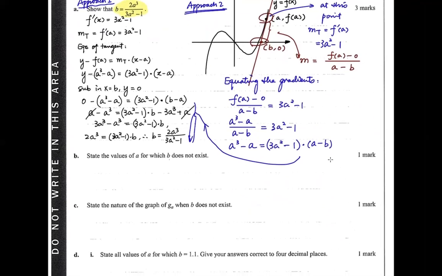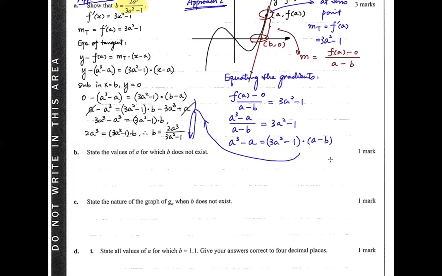Right, state the values of a for which b does not exist. So the denominator will vanish. Therefore, b will diminish.